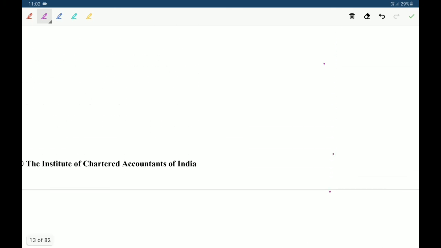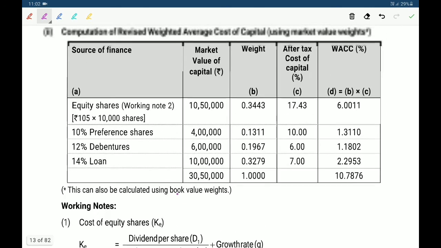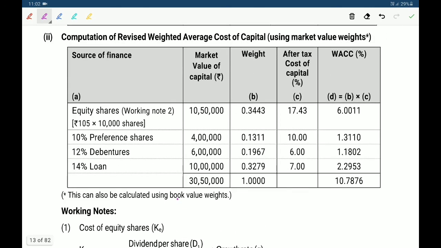Okay, now we see the weighted average cost of capital table. Sources of finance. Equity shares, now market price is 105 rupees, not 110 rupees: 10 lakh 50,000. 10% preference shares 4 lakhs, 12% debentures 6 lakhs, new 14% loan 10 lakhs. So ultimately 30 lakh 50,000. It gives weights.